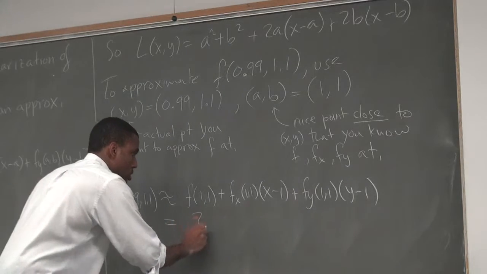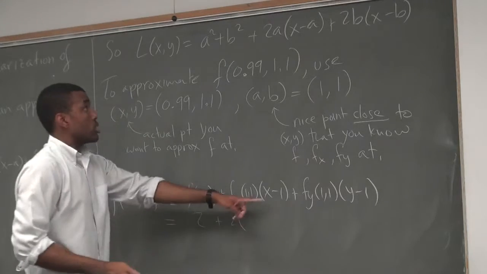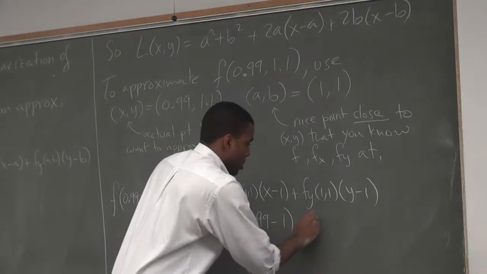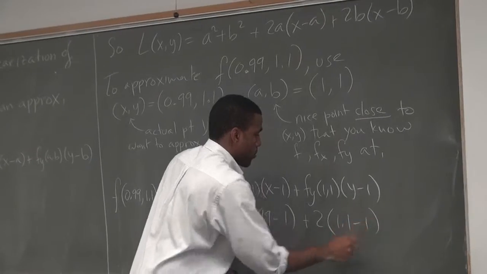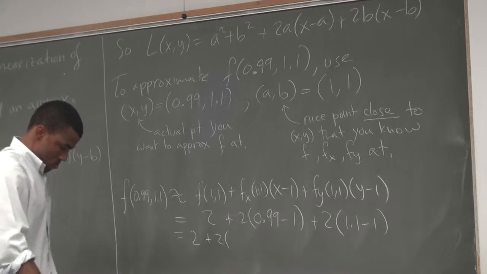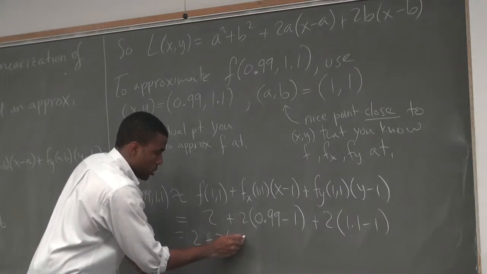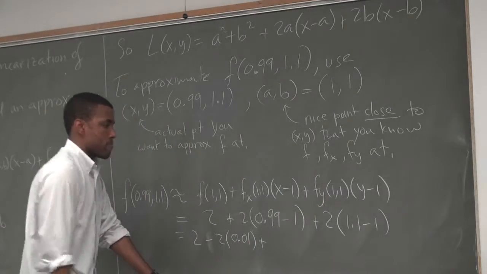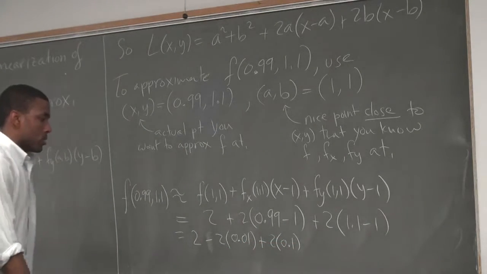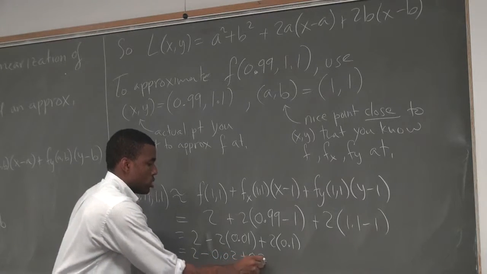So this is going to be 2 plus 2 times (0.99 minus 1), negative 0.01, plus 2 times 0.1. So that's just 2 minus 0.02 plus 0.2.